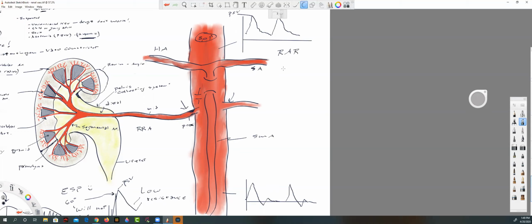In other words, the renal peak systolic velocity divided by the aortic peak systolic velocity.